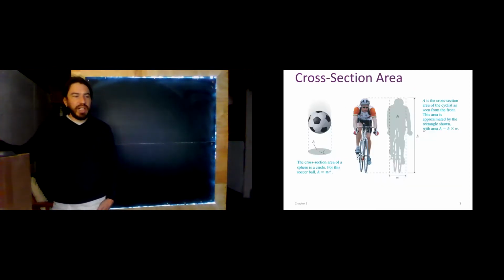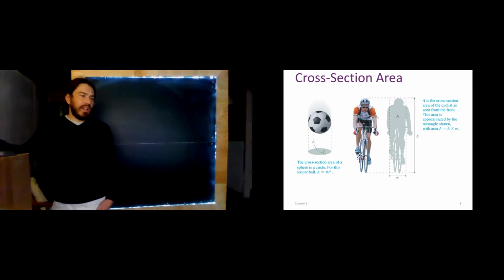Thinking about that cross-sectional area again, for a shape like a ball, it's fairly straightforward. So here we see that like I just said, the cross-sectional area of a sphere is a circle, and what's the area of a circle? Of course, it's pi r squared. Now, for a more complicated shape, like say the cyclist, well, we need to approximate that with some simple shape.